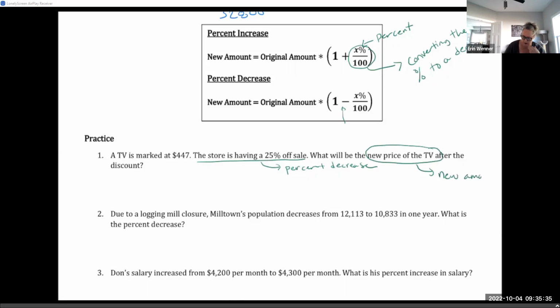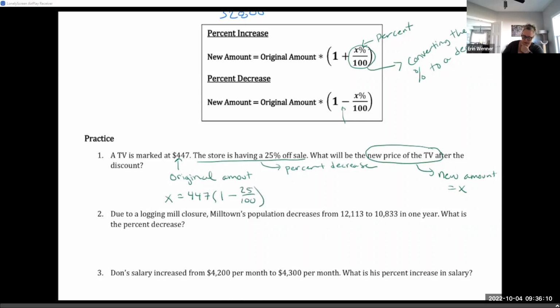Meaning instead of new amount, we're going to have X. Our original amount is $447. So plugging in, we don't know what it is after the discount, but we do know that it's equal to 447 times 1 minus 25 over 100.